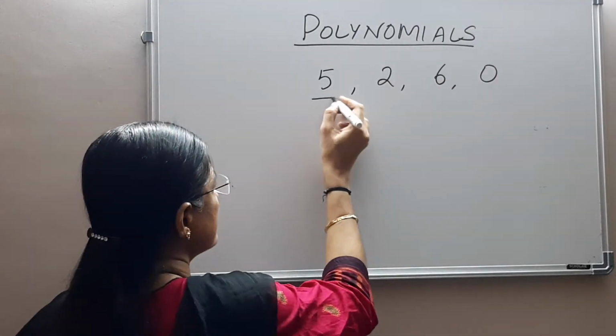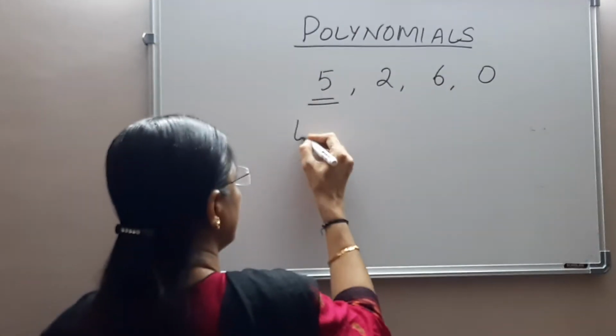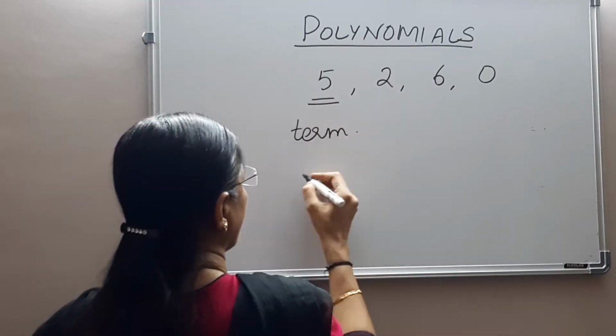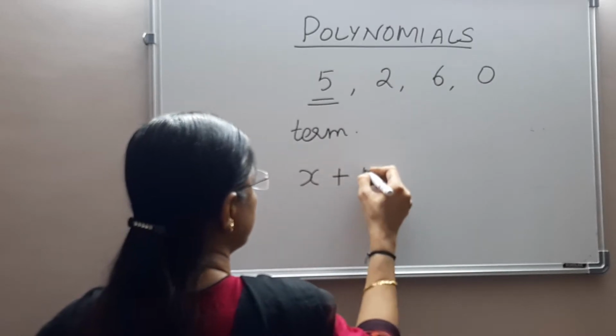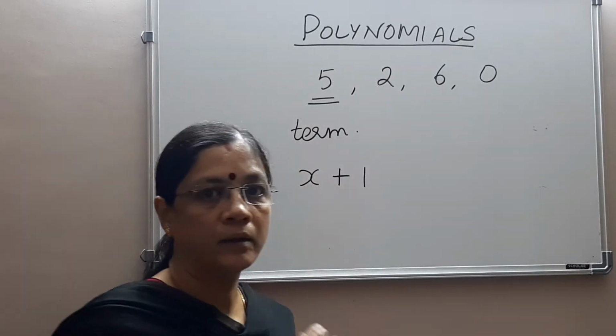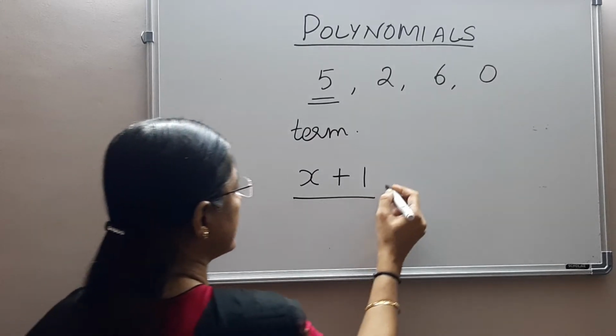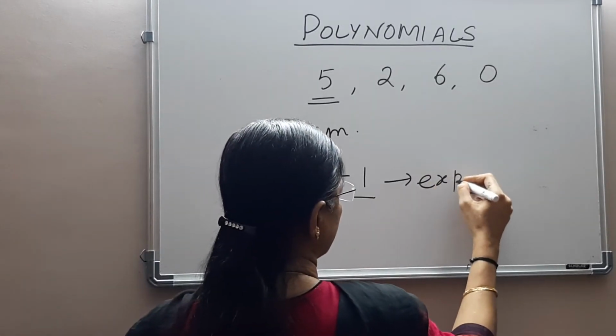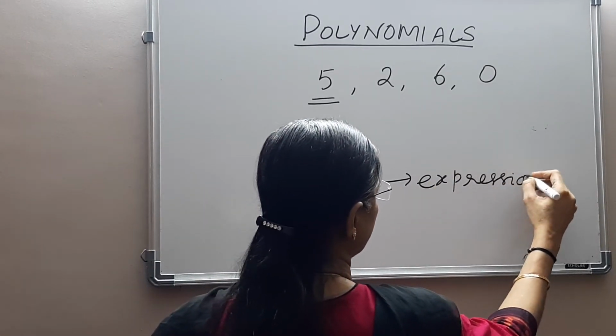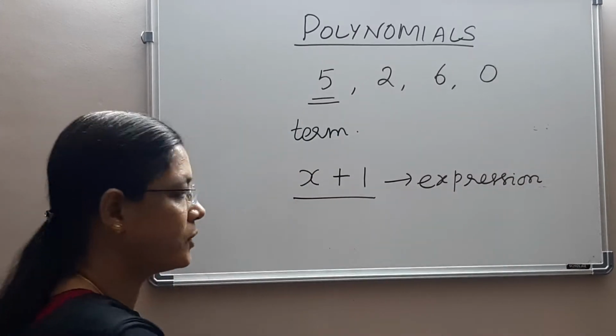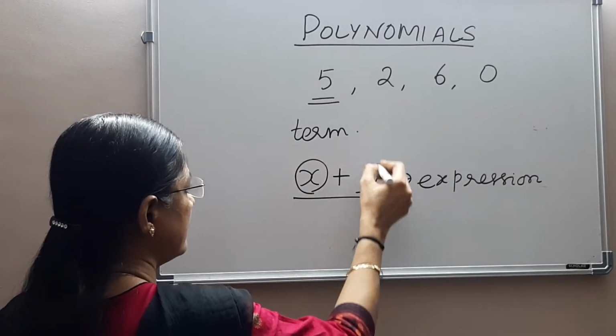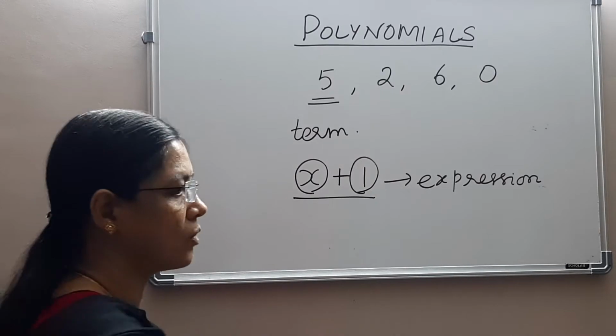See, only one constant is there, but this is also known as a term. Or I can have x plus 1 and this is called an expression. Okay, so what do you mean by a term and what do you mean by an expression? So this is a term and this is a term. This is a variable and this is a constant.